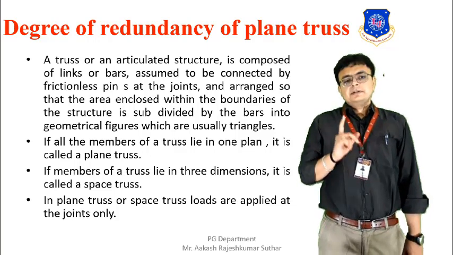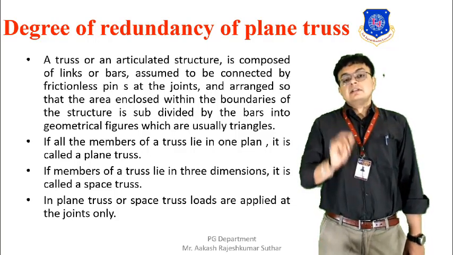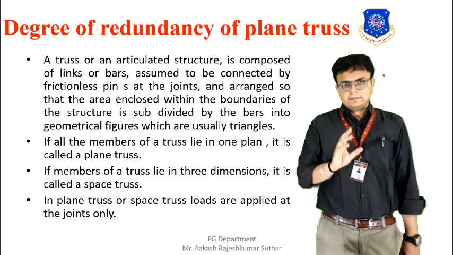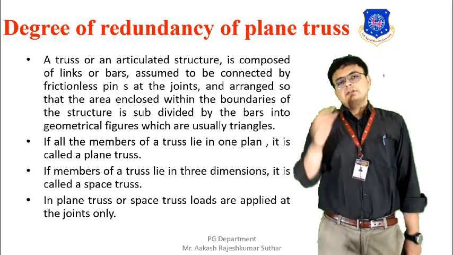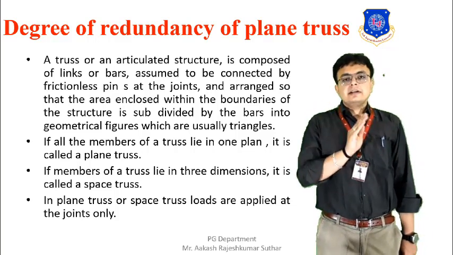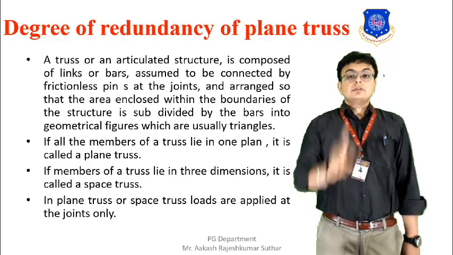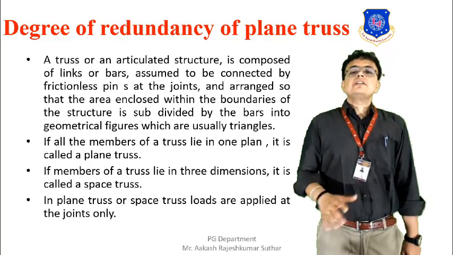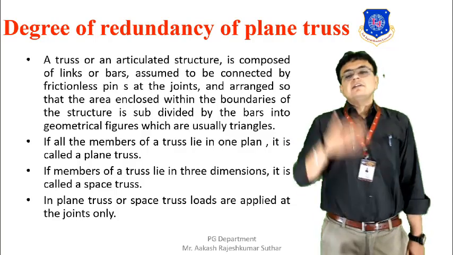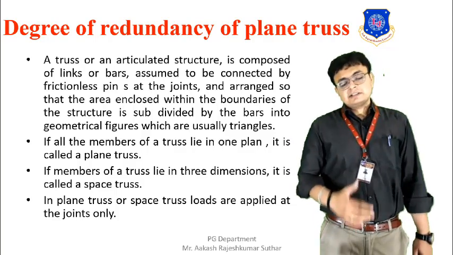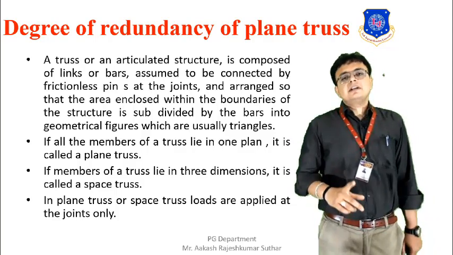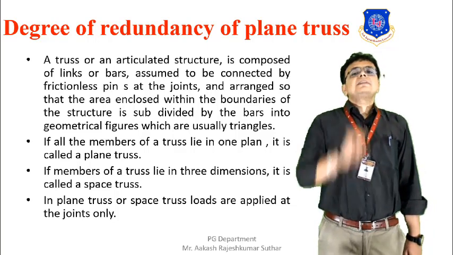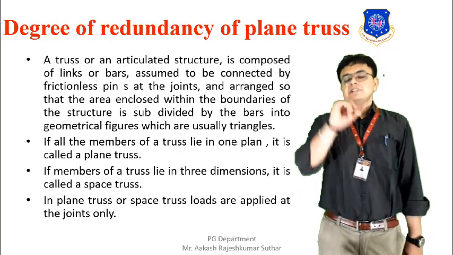But if the members of the truss lie in all three dimensions, that is in the x direction, y direction, and z direction also, whenever such an arrangement is there, then such a truss will be kept under the category of the space truss.